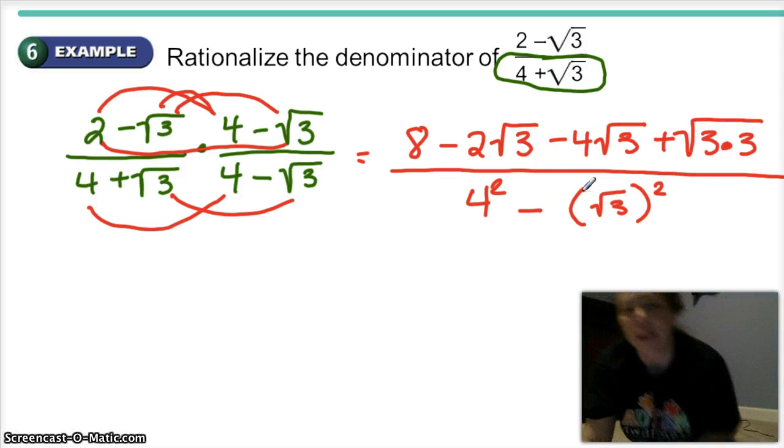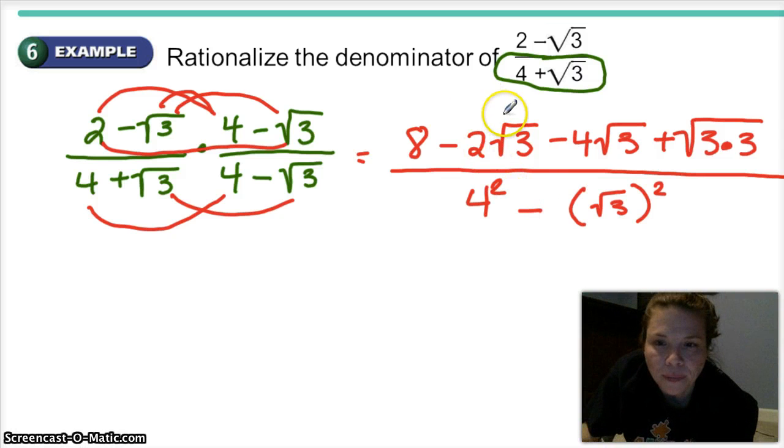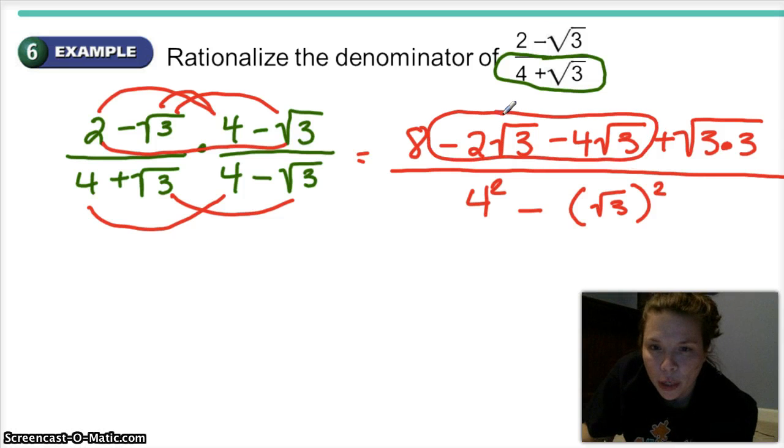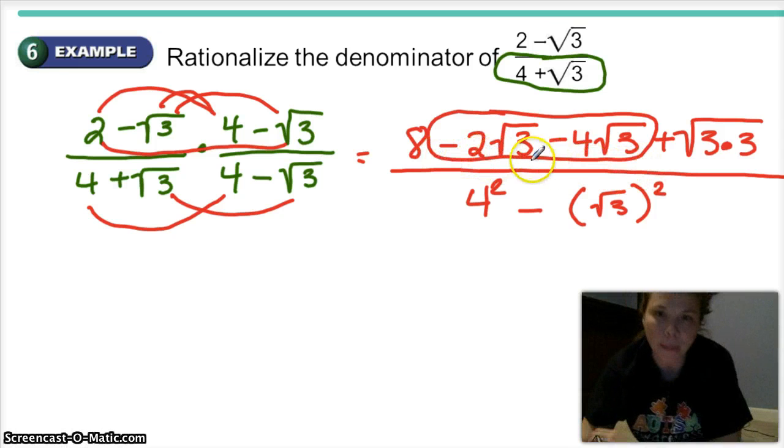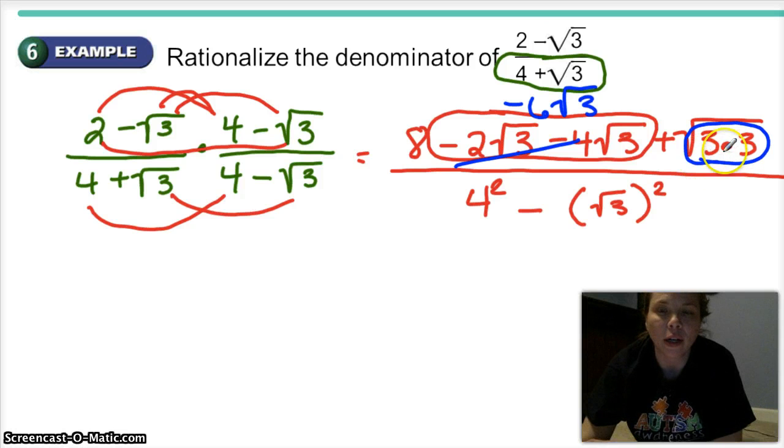All right, let's clean house. We can simplify these middle terms in the numerator because they both have square root of 3. Negative 2 root 3 minus 4 root 3 is going to give us negative 6 root 3. The square root of 3 times 3 is 9, or we have a pair of 3's, and the square root of a pair is just the number itself. 4 squared is 16.